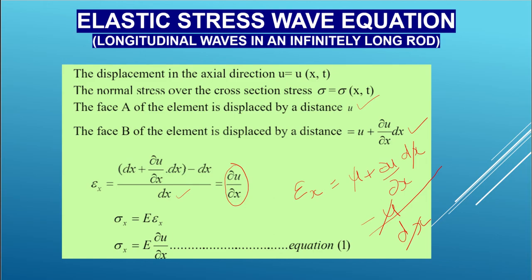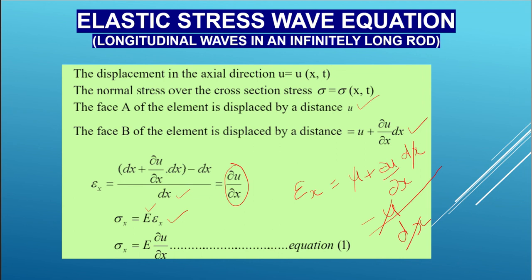Similarly, you need to write this dou u by dou x in terms of sigma and E. We all know that sigma x is related to epsilon x through this particular equation, where E is the elastic modulus.